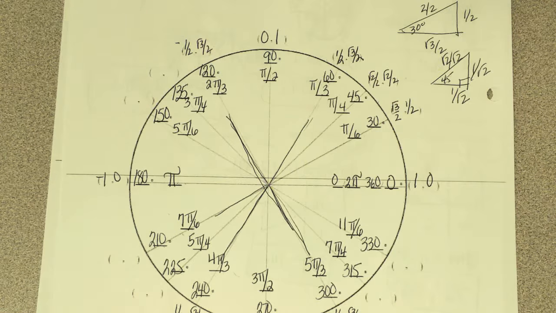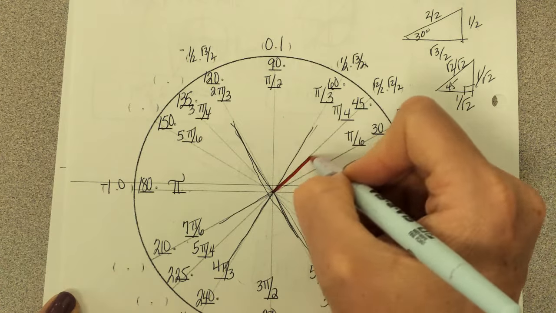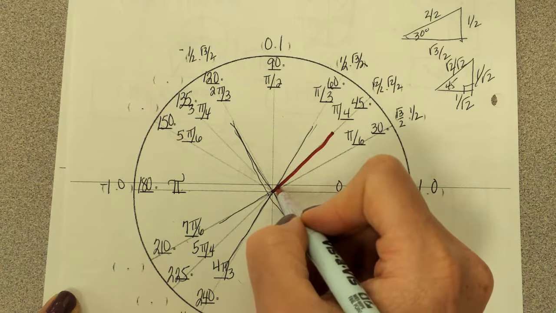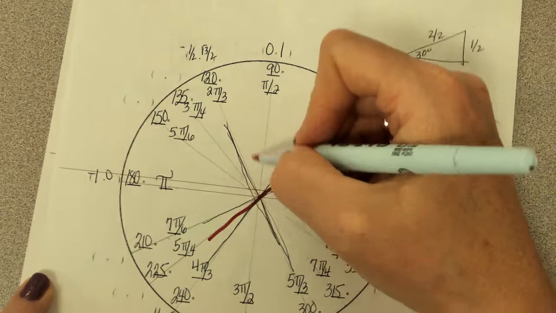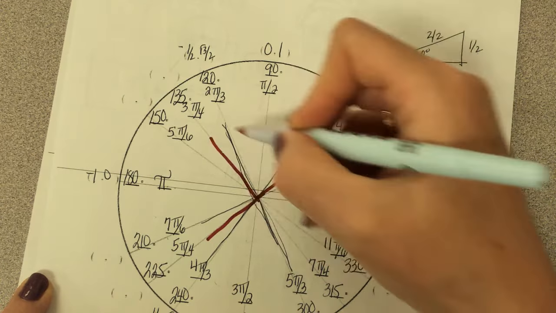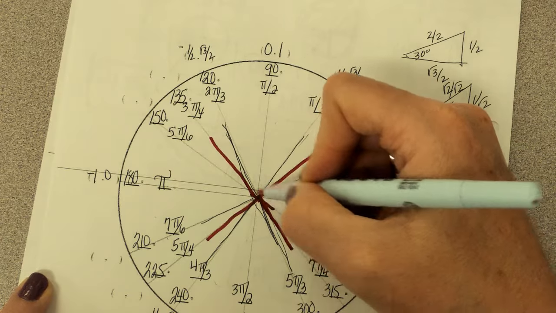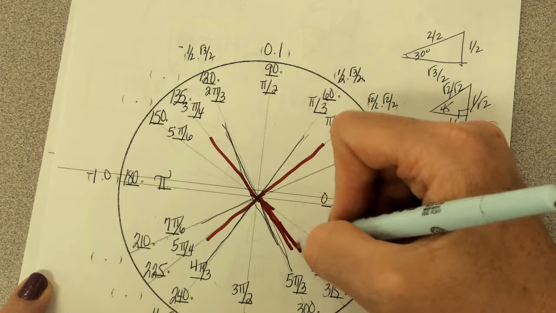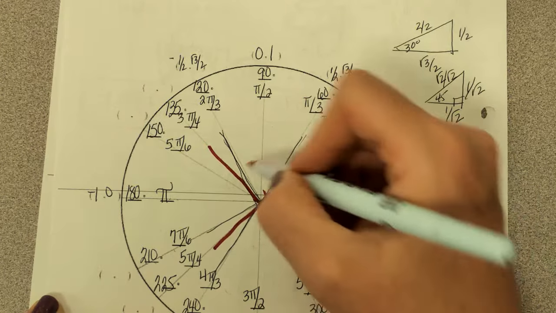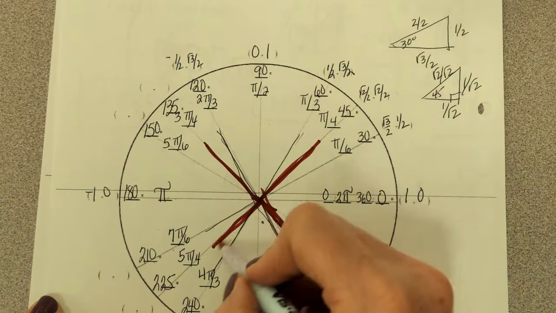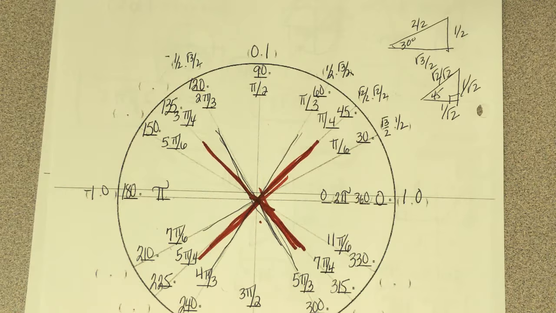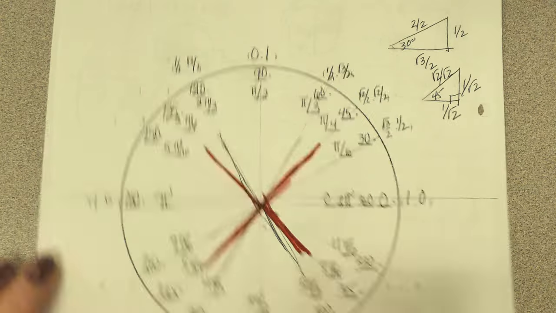So now I can go to my next group. Everything that has a 45-degree reference. And they all have to have the same points because they're the same reference angle.